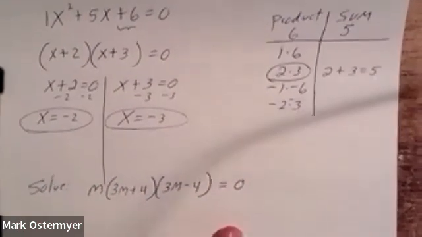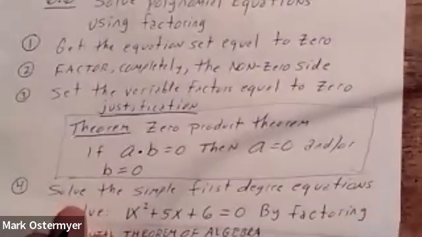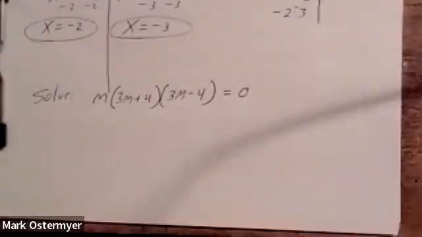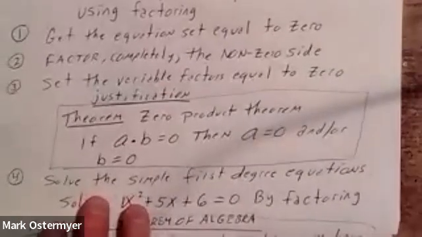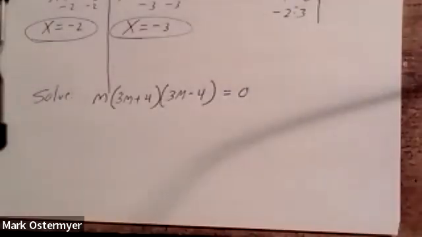We'll try to solve this equation for M. Now, the first step is we want to make sure that our equation is what? Set equal to 0. Well, it already is. The next step is we now need to completely factor the left side. Good news, ladies and gentlemen. It already is completely factored.